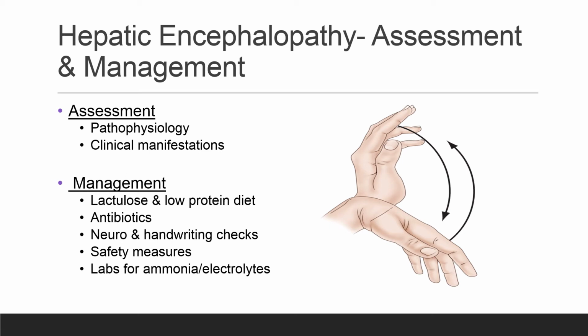Also, if the issue is a high protein diet, the person is placed on a low protein diet because the metabolism of the protein in the bowel will elevate the ammonia levels. Antibiotics are often given, and this decreases the bacterial level in the bowel, so that there's a fewer number of bacteria or the normal flora, such as E. coli, that would digest the protein.